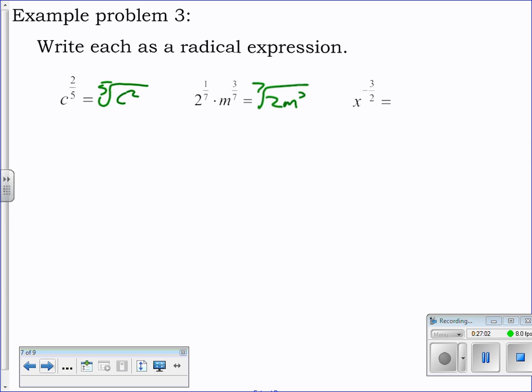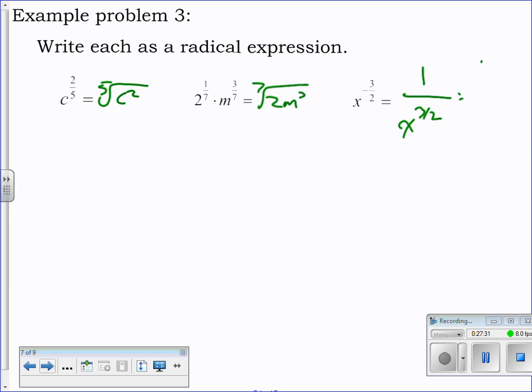Now the next one is negative. Don't like negative exponents. I'm going to take care of the negative exponent first and rewrite that as x to the 3/2 power. And then get rid of the fractional exponent and write it as a radical. So the 2 means that I have a square root of x cubed, because the 3 means x cubed.